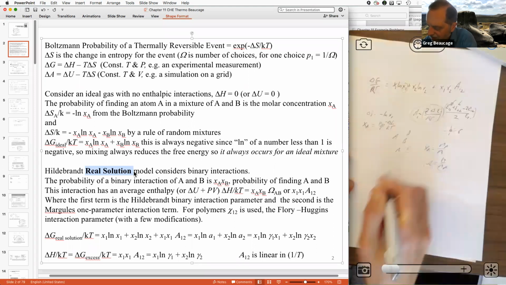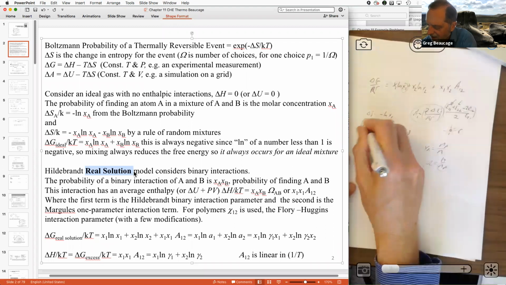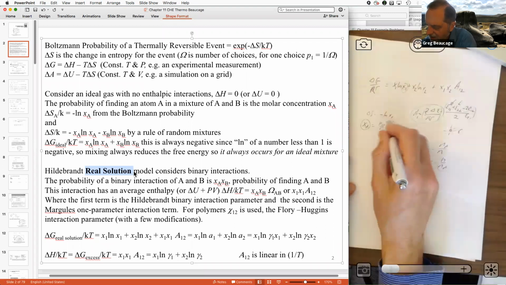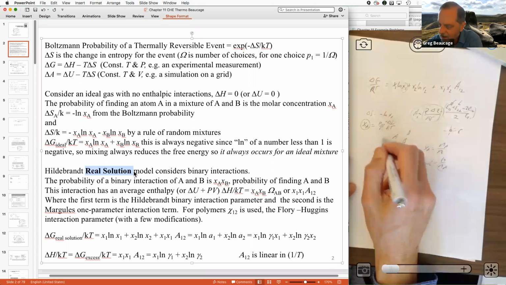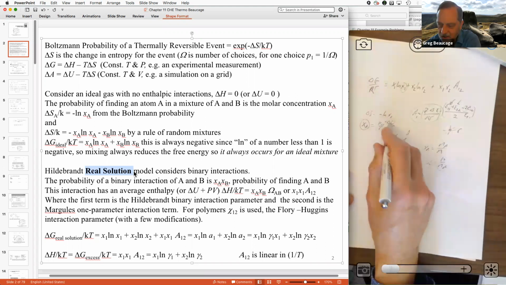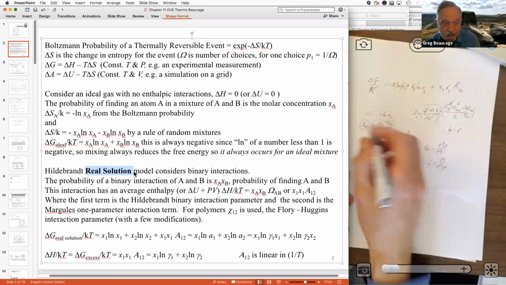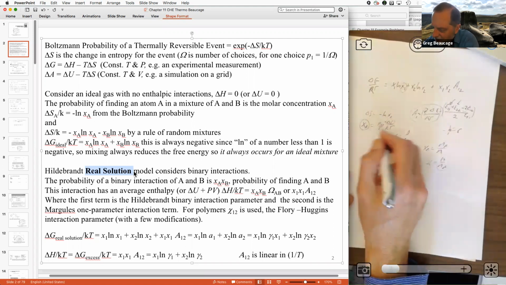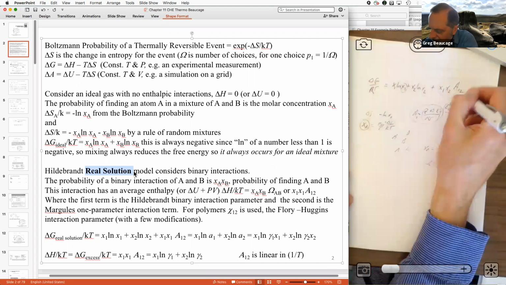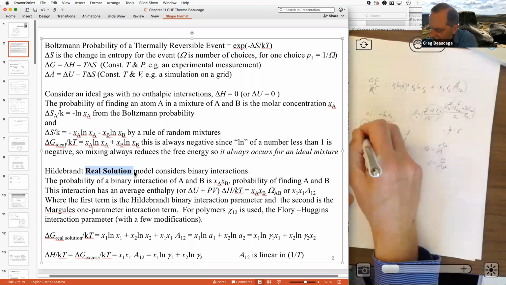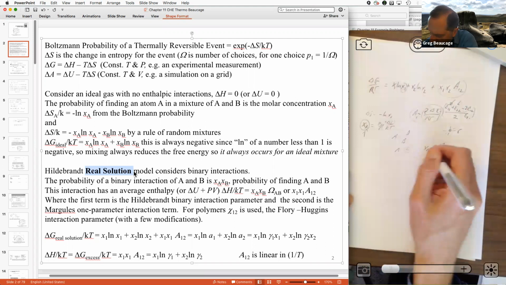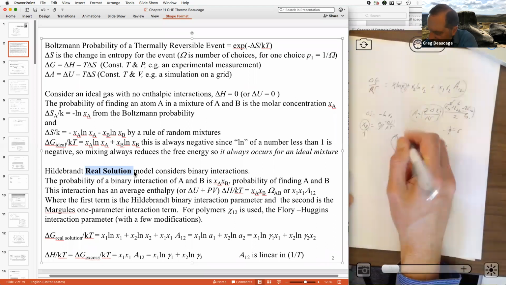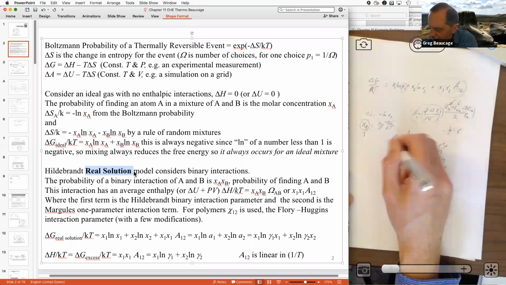So you can think of this as the probability of finding an A, and it's related to the entropy in an athermal system, so it doesn't have delta H. But if you have this enthalpy, that probability isn't XA anymore. In other words, if the A's really want to cluster together with A's and the B's with B's, then you're going to have a positive deviation from Raoult's law.